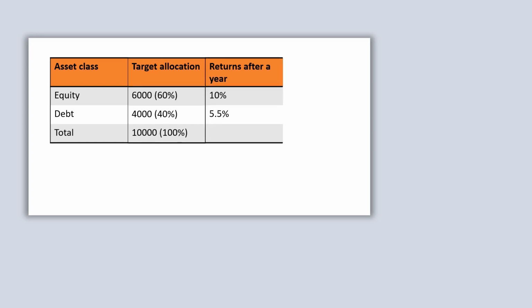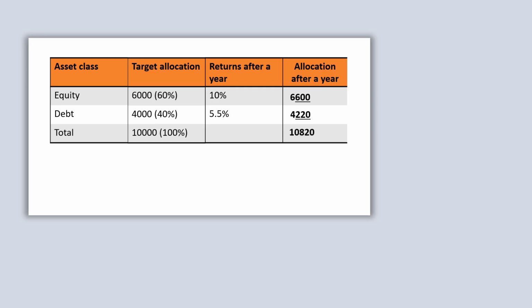So, in terms of amount, equity has increased by 600 and debt has increased by 220. And in terms of percentage, equity is now 60.99% and debt is 39.01%.